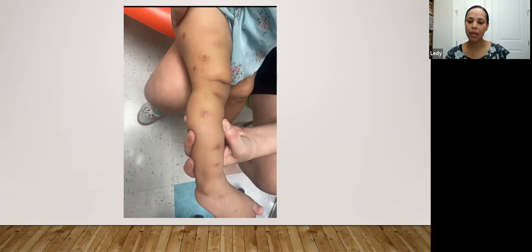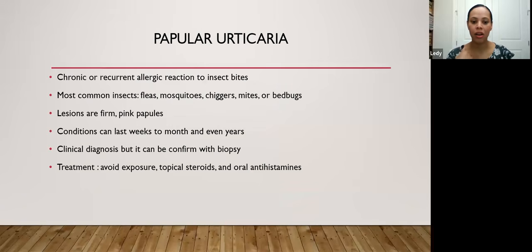But the most common thing you will see with papular urticaria is that when you check them, usually there are really not many lesions like that in their torso. So their torso is usually clear. But their arms and legs are full of scars because they get these lesions that are super, super, super itchy.